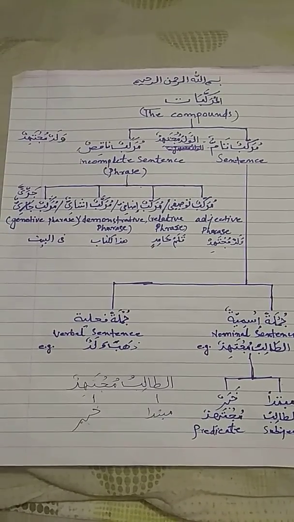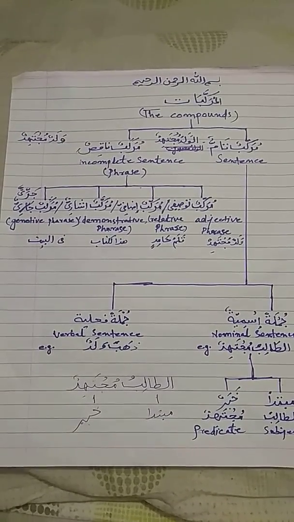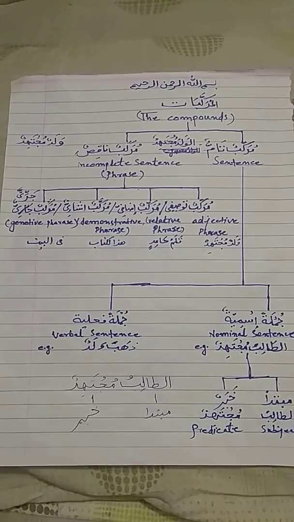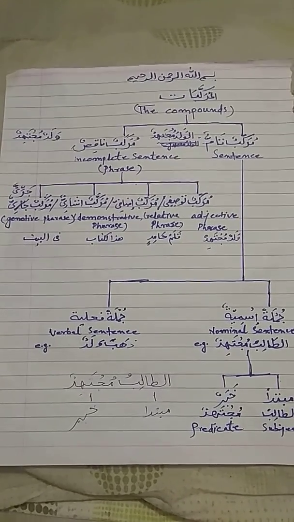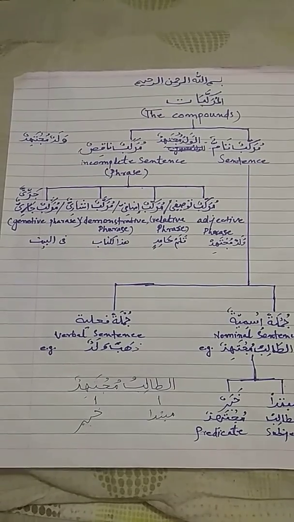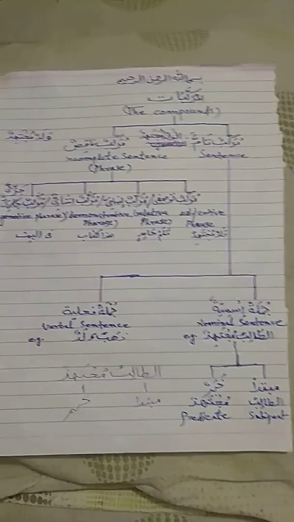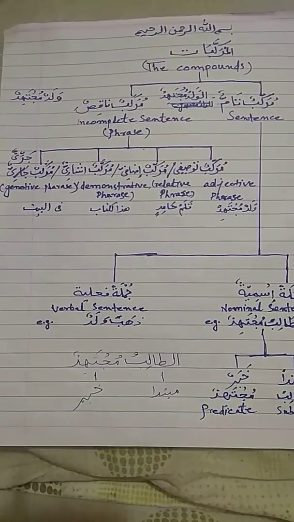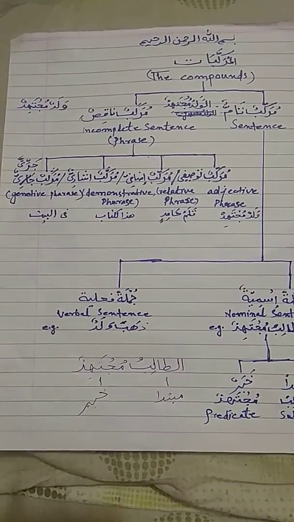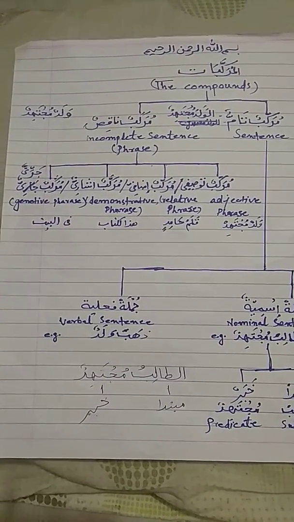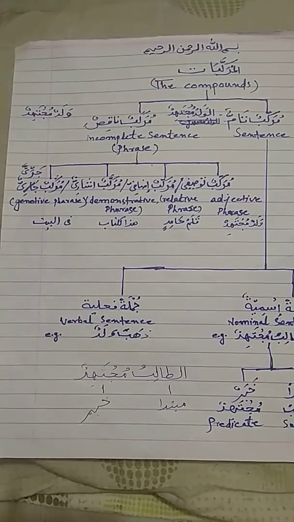Before going to explain murakkabun tammun, it's good to know the kinds of murakkabun naqisun. Mainly, there are four kinds. As you are looking, number one, murakkabun tawsifiyun is called adjective phrase.